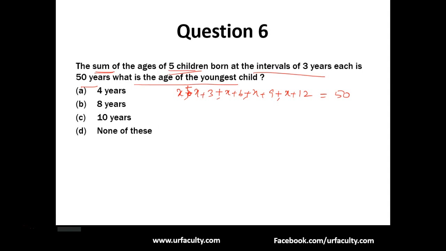So we have 1, 2, 3, 4, 5. 5x plus 3 plus 6, 9, 9 plus 9, 18, 18 plus 12, 30 is equal to 50. And 5x is equal to 20, x is equal to 4. So the age of youngest kid is equal to 4 years, which is basically x.